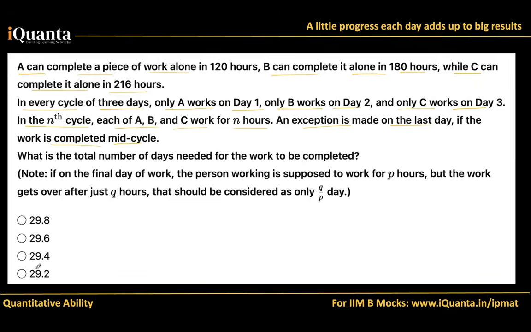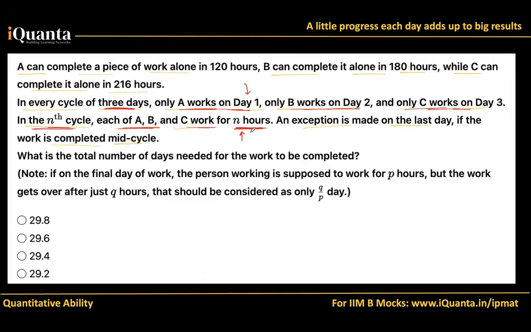So when we read these initial few lines, we're able to see that we have a cycle of 3 days in which A is working on day 1, B is working on day 2, and C is working on day 3. And in the nth cycle, each of A, B, C work for n hours. So days have been given, but on those particular days, n hours.